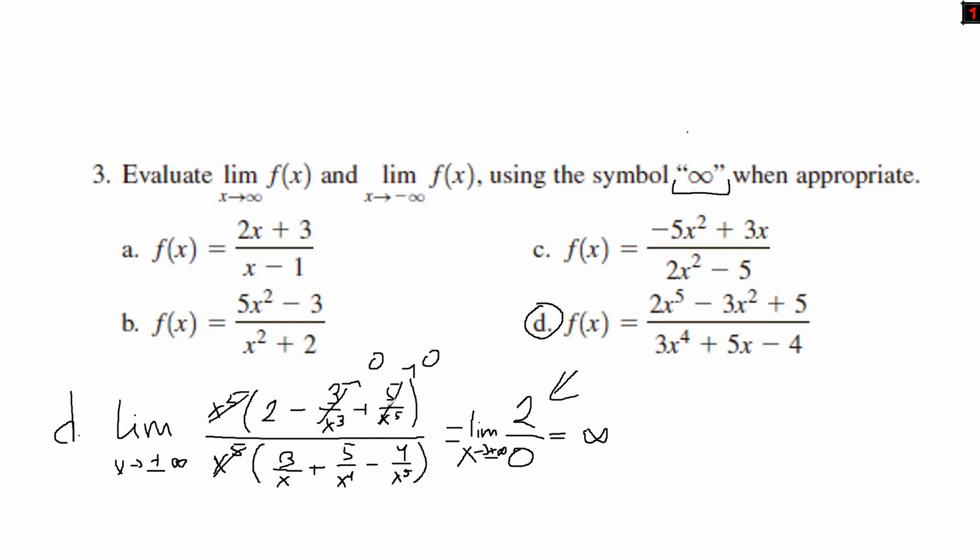And do you understand now why it doesn't matter if we divide by x to the fifth power or to the fourth power? Because if you do the same stuff and you factorize the top by x to the fifth power and the bottom by x to the fourth power, do you see that on top you're gonna still have the coefficient x, right? Because you had x to the fifth power divided by x to the fourth power.